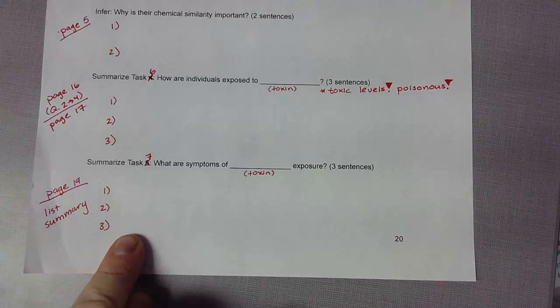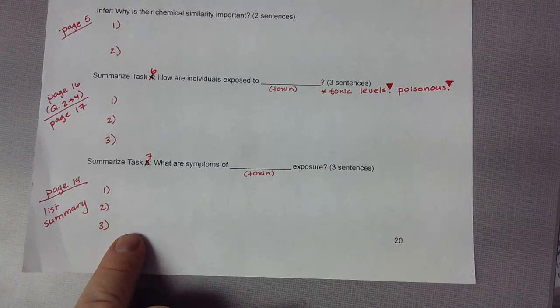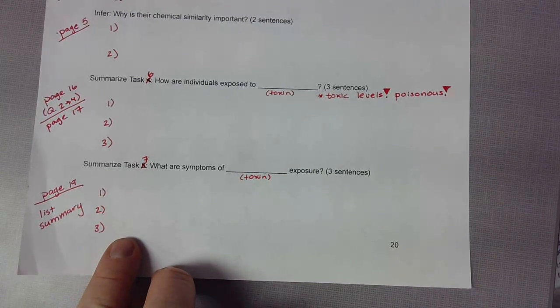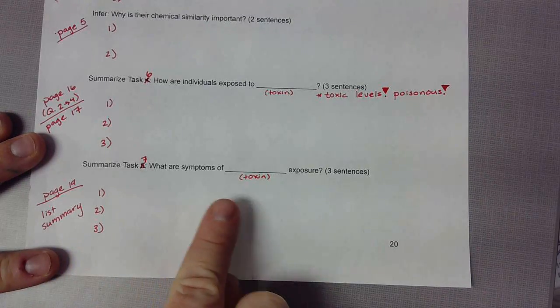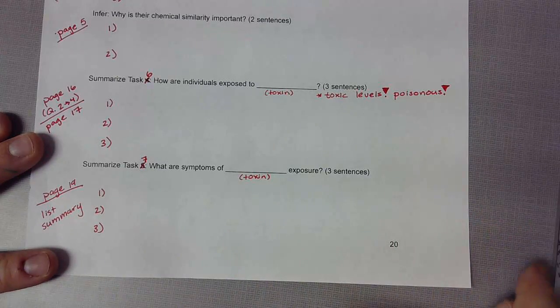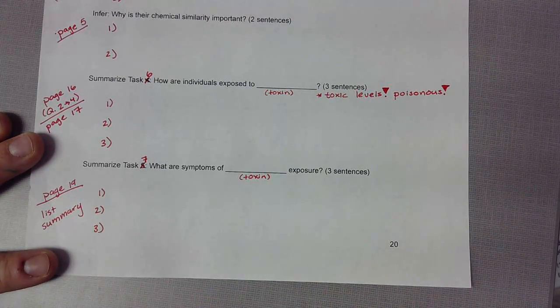Now, you guys were instructed to find like 12 symptoms. You don't have to narrow it down to 3 symptoms. You can group them like we did with the color coding. So if I was doing lead, I could say lead causes neurological problems such as developmental delay and memory issues. 2 symptoms, 1 bullet point.